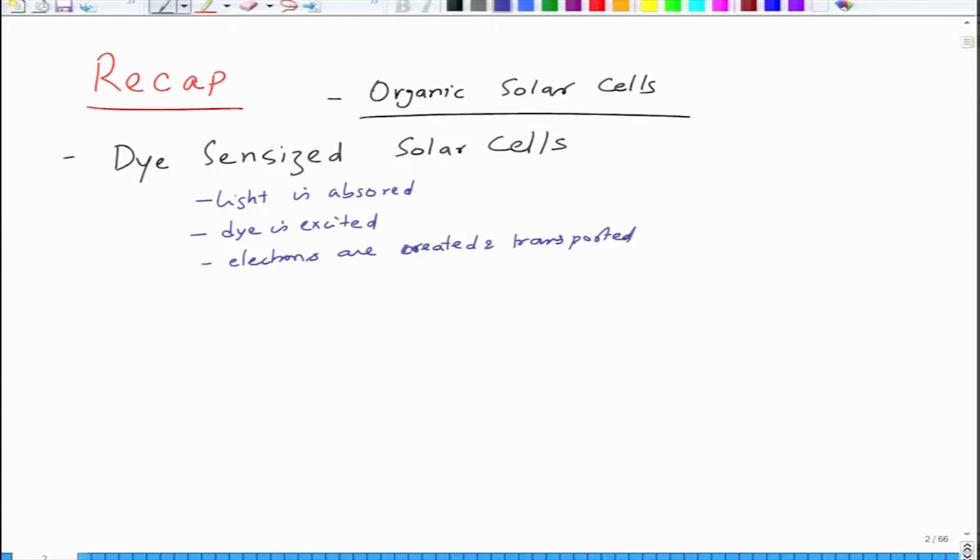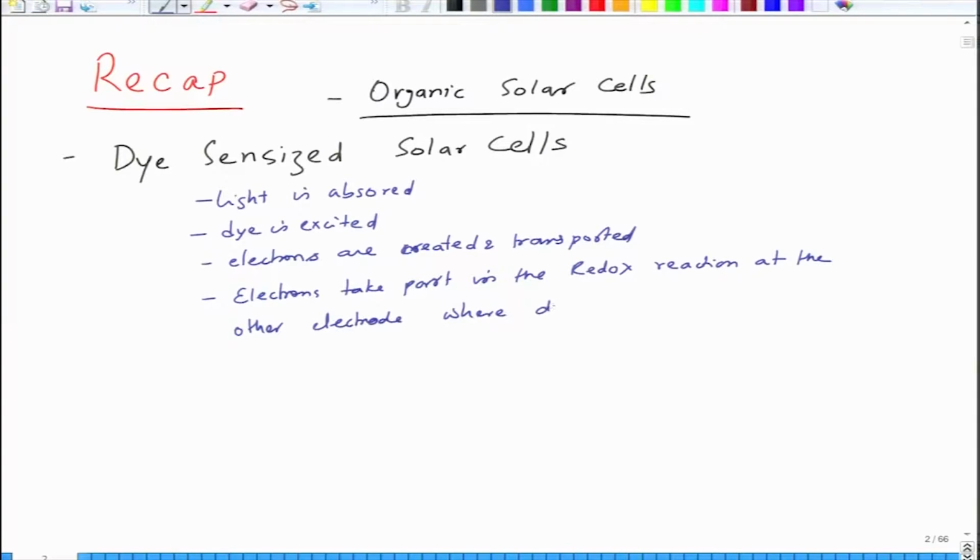Then they go through the circuit and reach the counter electrode, where the electrons take part in the redox reaction at the other electrode, where the dye also regenerates.